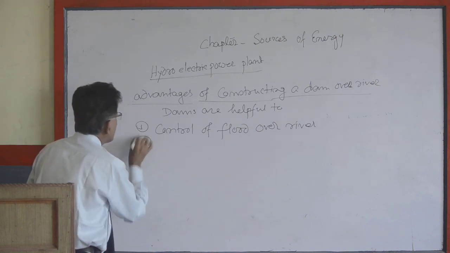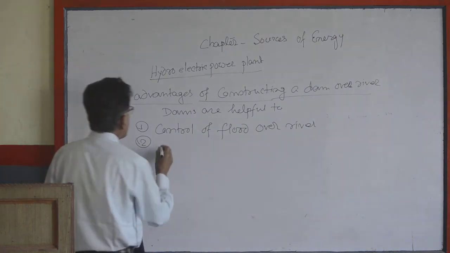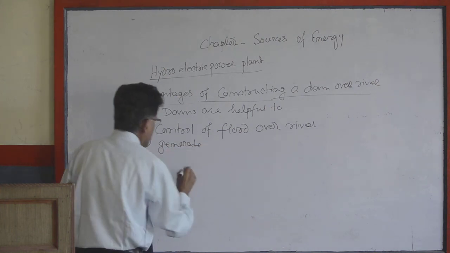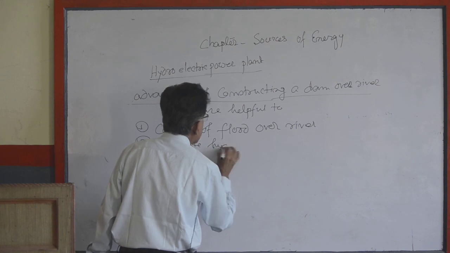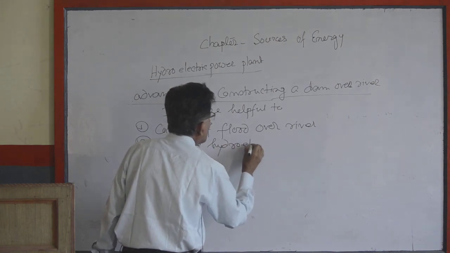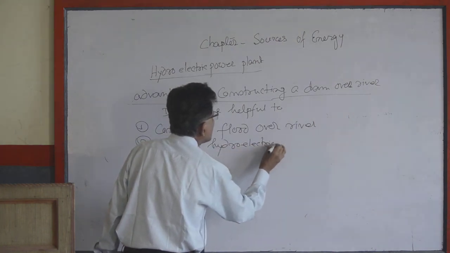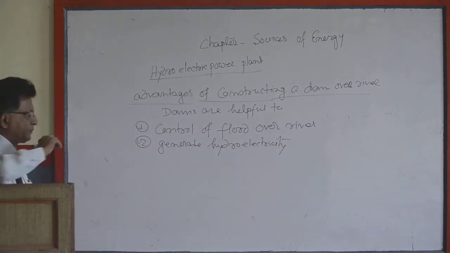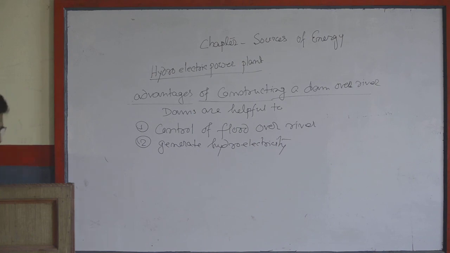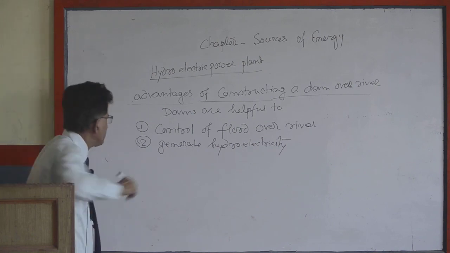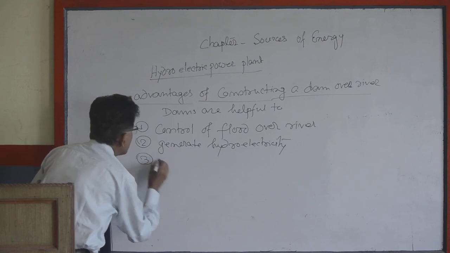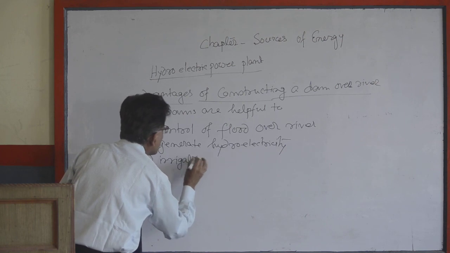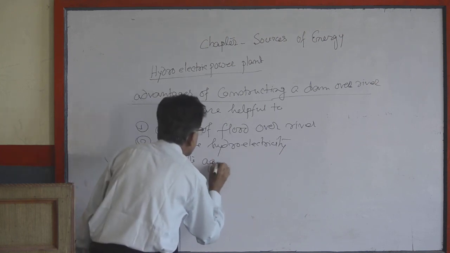Number 2, generate hydroelectricity. Number 3, irrigate agricultural land.